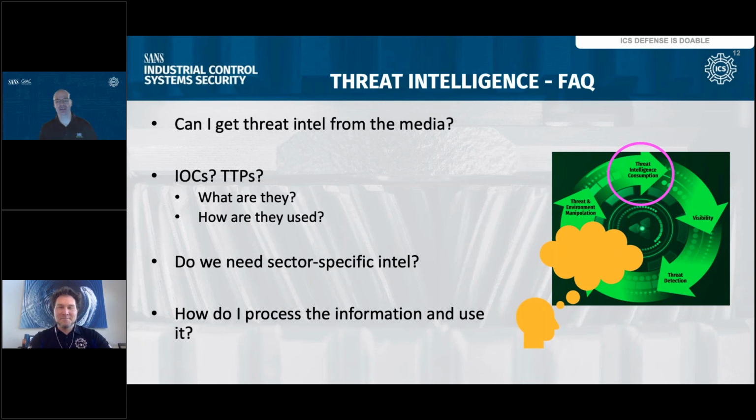More interesting, or maybe not more interesting, but more relevant, IOCs and TTPs. We see these acronyms all over the place. What are they? How do we use them? An IOC is an indicator of compromise. And in my head anyways, this is technical data.